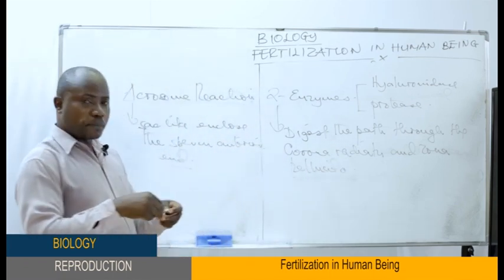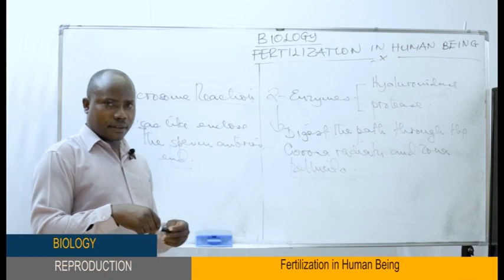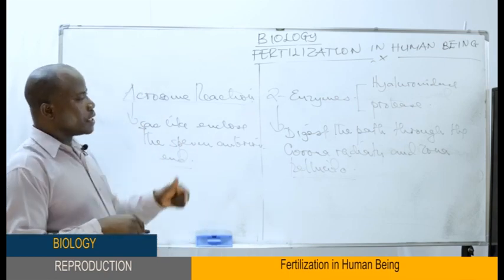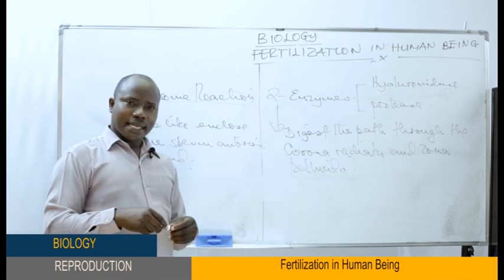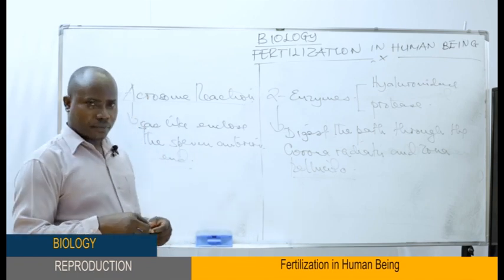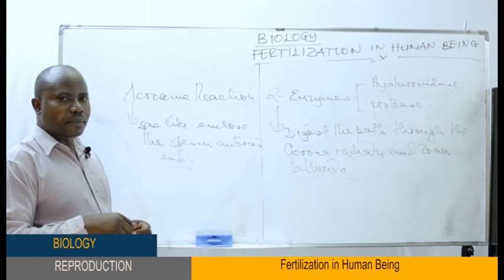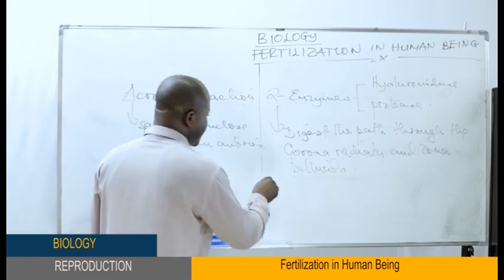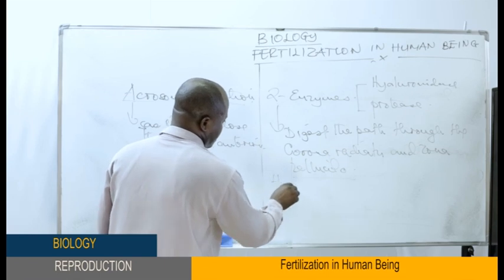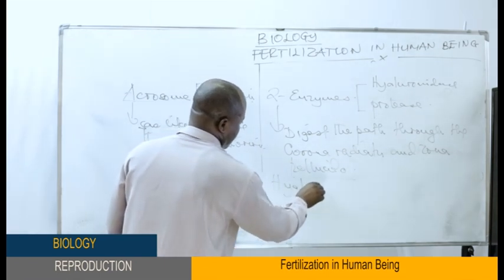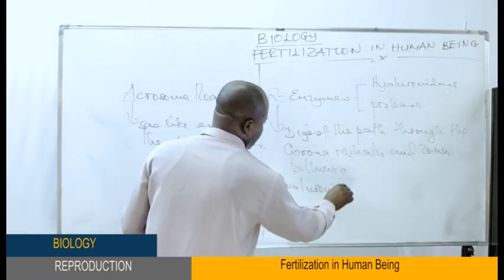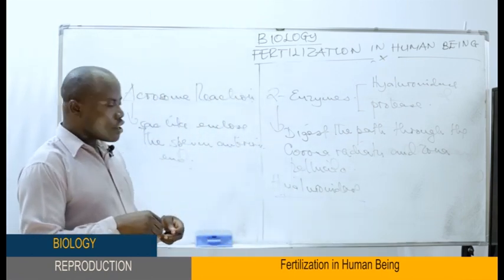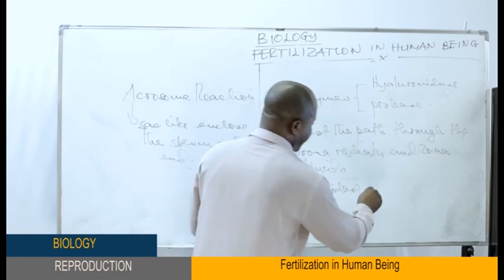In order for the sperm cell to enter the egg cell, the path must be made through the corona radiata and the zona pellucida. What enzymes are involved in this process? Hyaluronidase. The hyaluronidase digests the path through the corona radiata.